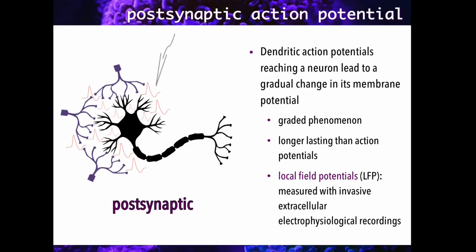They can be measured with invasive electrophysiological recordings using extracellular electrodes. These recordings show local field potentials, which are extensively used to study brain function of non-human animals. So, in contrast to presynaptic potentials or spikes, which represent the output of a neuron, postsynaptic or dendritic potentials reflect its input.